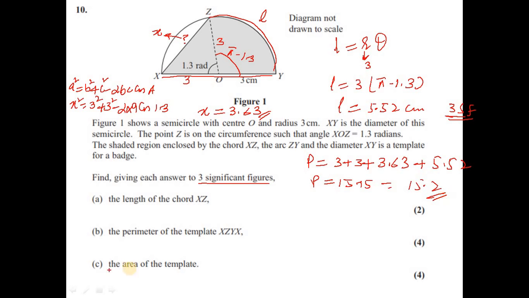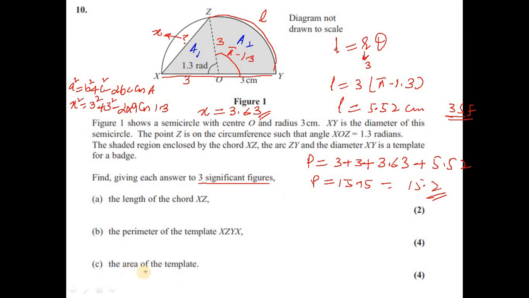Part C, the area of the template. The area of the template is the area of this triangle, I'm calling it A1, plus the area of the sector, A2. You have two sides and the included angle.